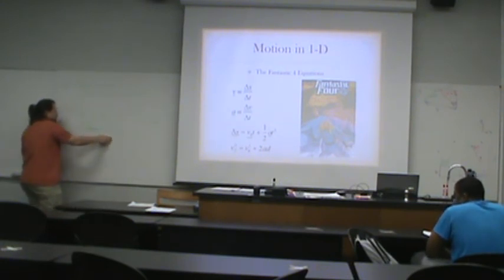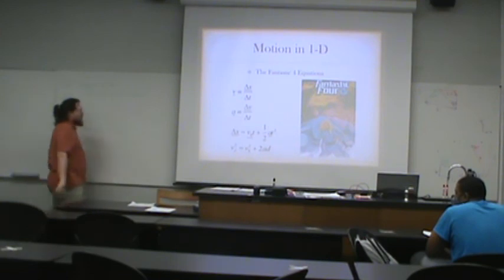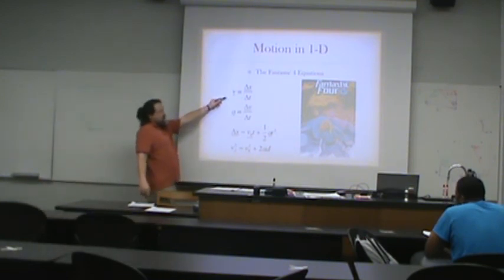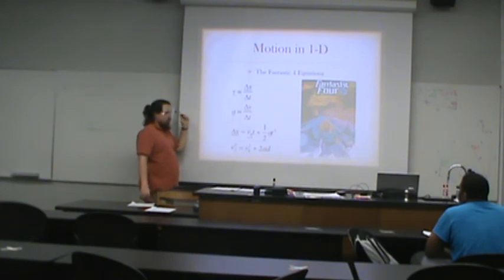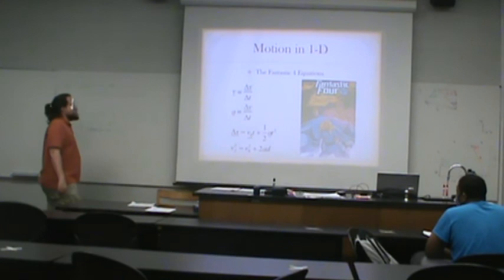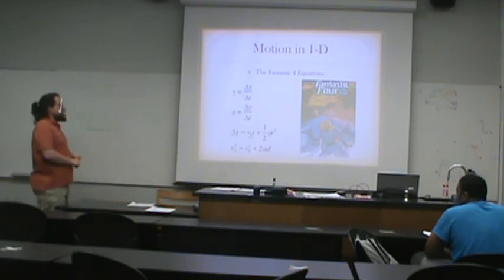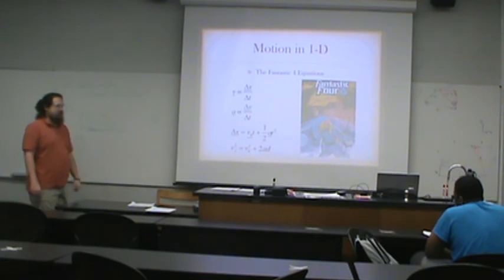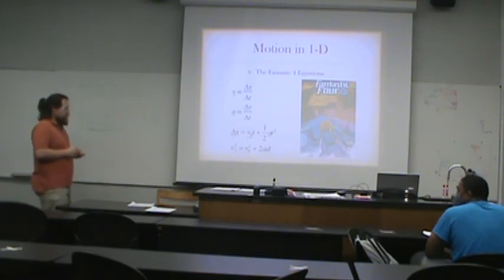This definition right here, velocity is displacement over time, is that. So this is the math form of those words. All of physics is going to be a constant back and forth between definition and the math equivalent of that statement. We are translating numbers into words and vice versa.